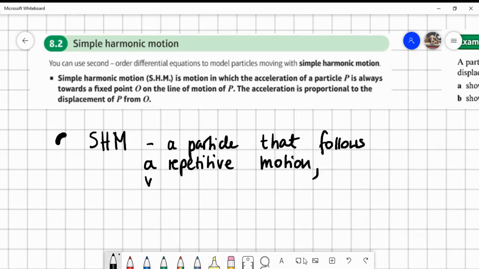So you could say vibration, oscillation, moving up and down. So that kind of harmonic motion, it's also called. So what are we saying there?